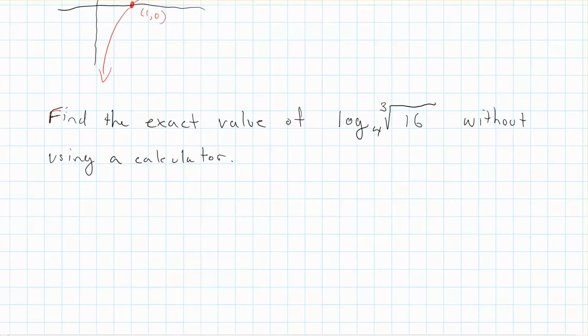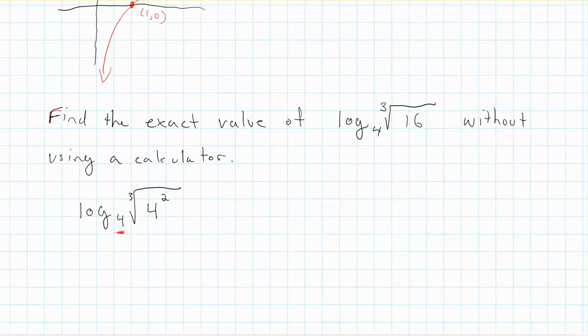logarithm. Well, we're going to have to do a couple steps here. So first off, I'm going to write this as the log base 4 of the cube root of, well, 16 is 4 squared. Now 16 is also 2 to the 4th power, so why would I choose 4 squared versus 2 to the 4th power? The reason I choose 4 squared is that I've got a base of 4.